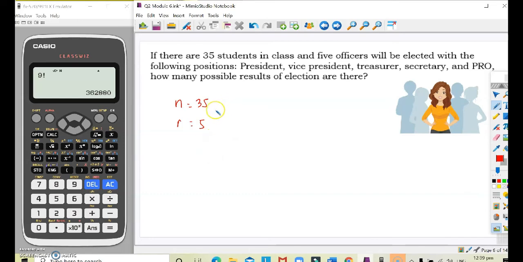positions. If we are going to solve this, this will be a permutation of 35 students taken 5 at a time, which is equal to 35 factorial over quantity 35 minus 5 factorial.